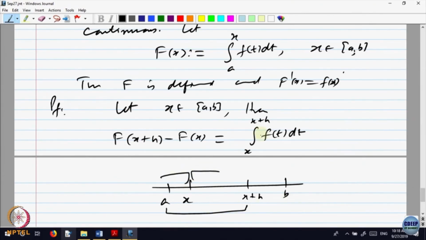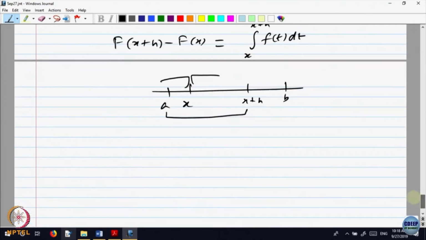So F of x plus h is the integral from a to x plus h, minus F of x, the integral from a to x. What is left is the integral from x to x plus h. So F of x plus h minus F of x is equal to that quantity.